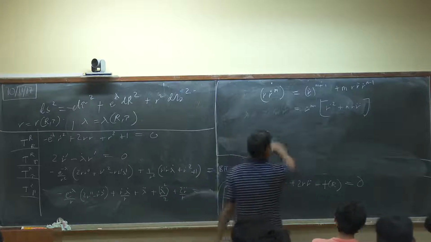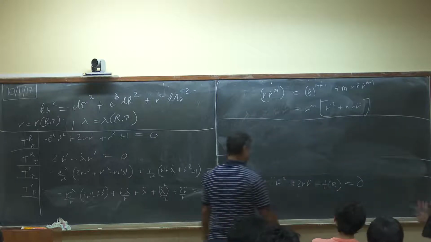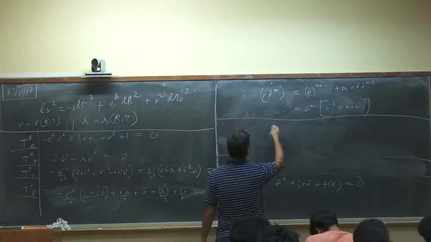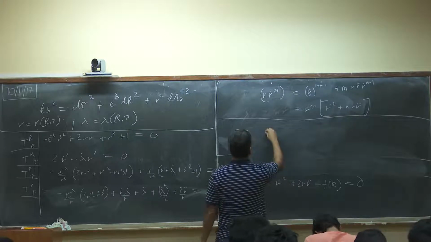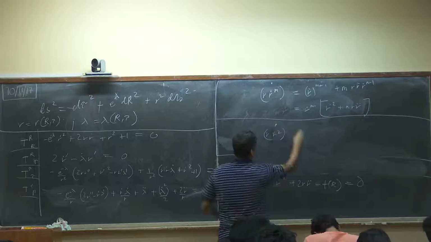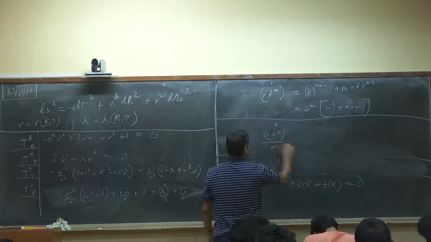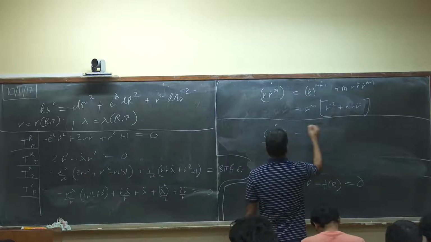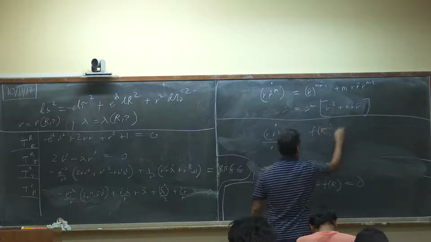So this whole thing is equal to r dot squared, but we don't get quite this because there was this r, so divided by r dot, minus f of r is equal to 0.